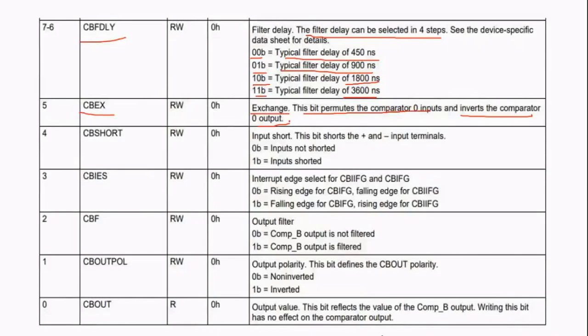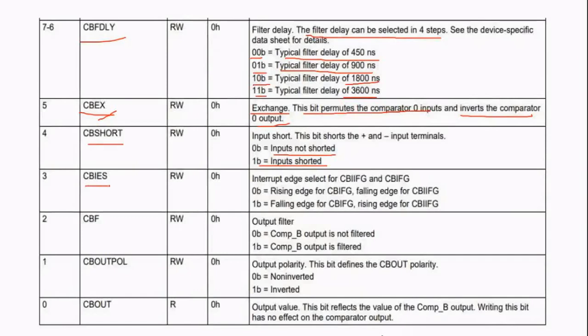So you can see that you have to select any one of the mux, using the CBSORT bit. If it is 0, the input is not sorted. If it is 1, the input is sorted. At this position, when input is sorted, it will work as a sample and hold circuit.